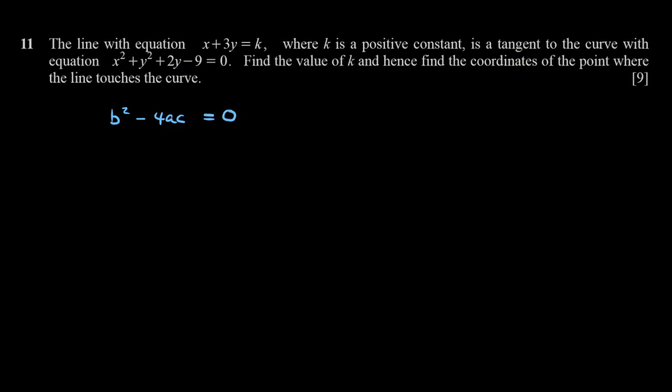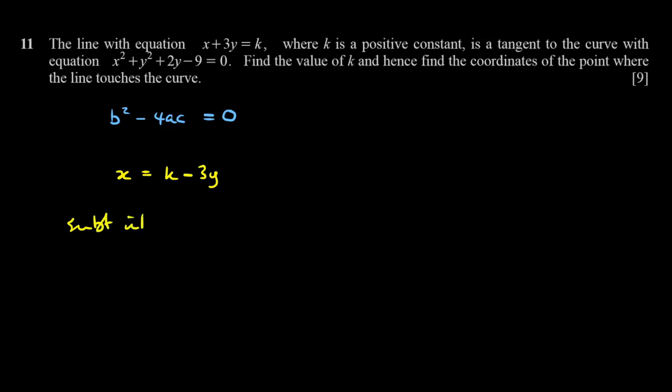Okay? All right, then, how are we going to do this? Well, we're going to rearrange this equation here and substitute into the curve. And the easiest way to rearrange is to rearrange to get x. So x is equal to k minus 3y. And we're going to substitute into the curve.